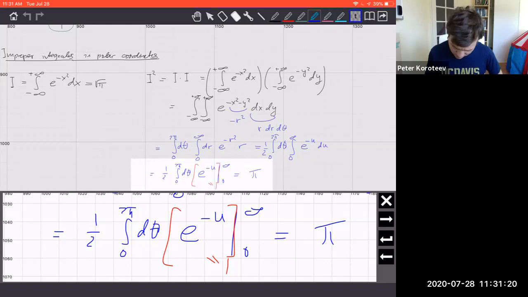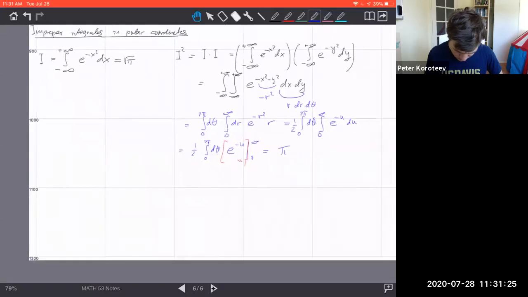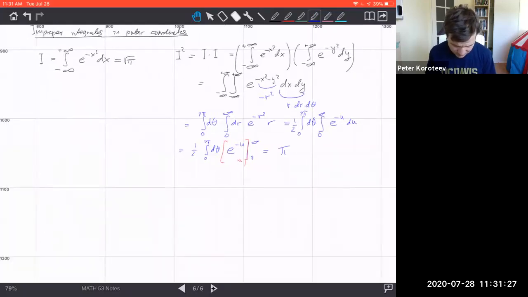So here's another example of an application of integrals in polar coordinates.